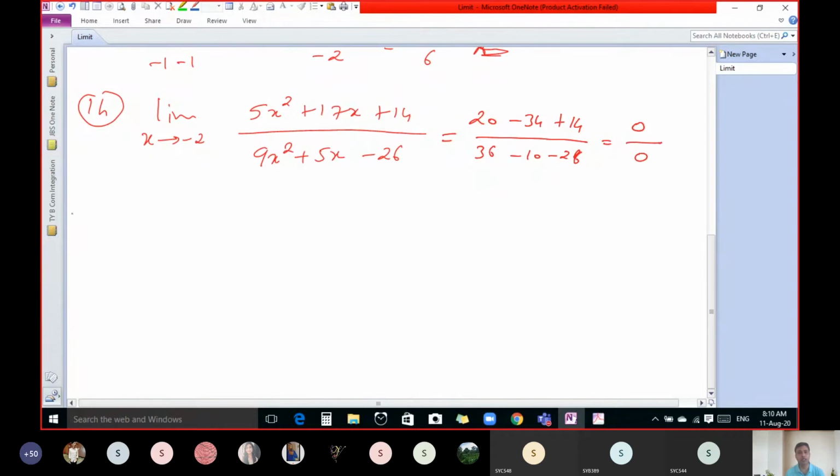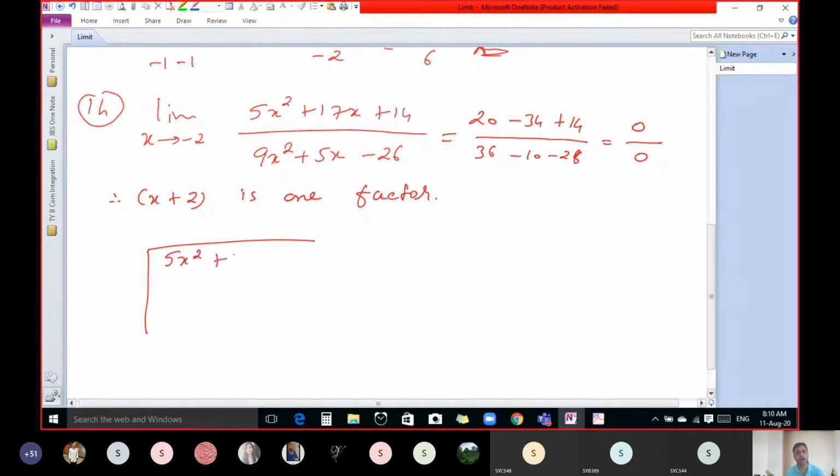And once we have 0 by 0, we can say that one factor is x plus 2. If we take minus on this side, we get the factor. So x plus 2 is one factor. And now we have to factorize. You can use the same method if you don't know factorization properly.